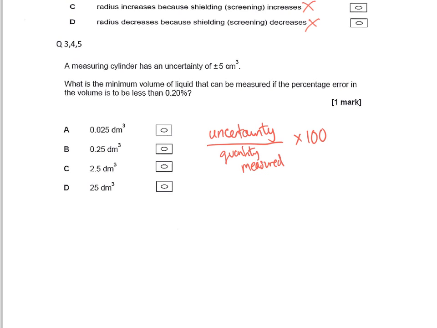In this case, we don't know what the quantity measured is, but we know what the uncertainty is, and we want the percentage error to be less than 0.2. So we know that 0.2 is going to be equal to 5 divided by an unknown times 100.